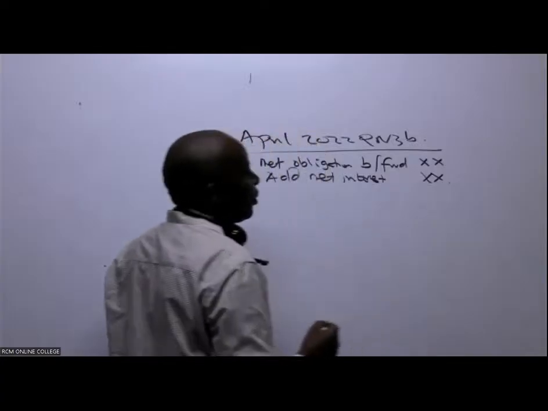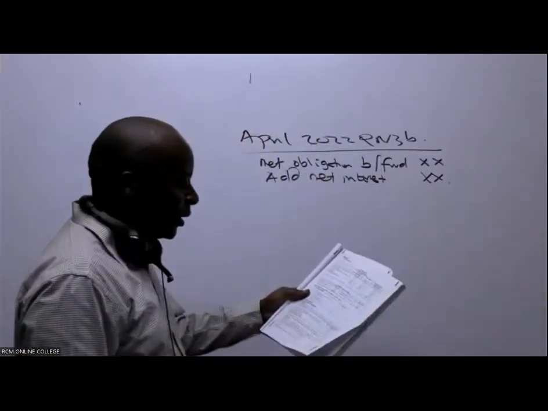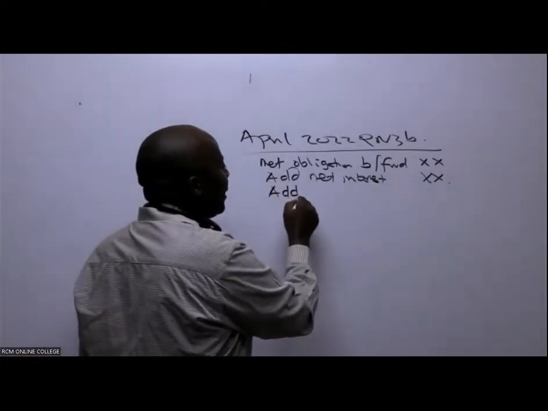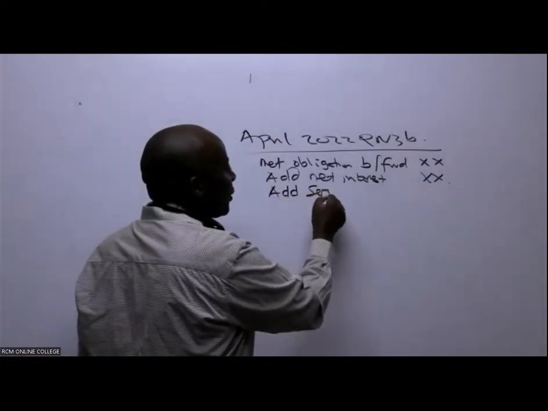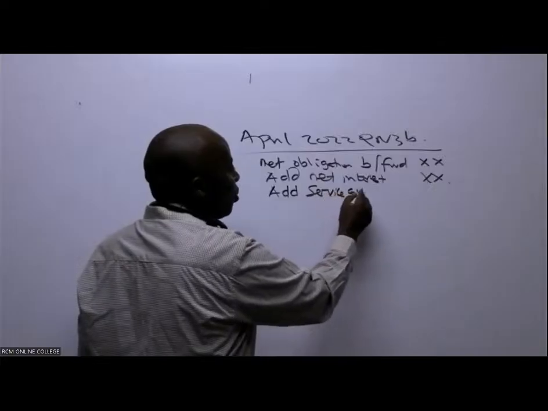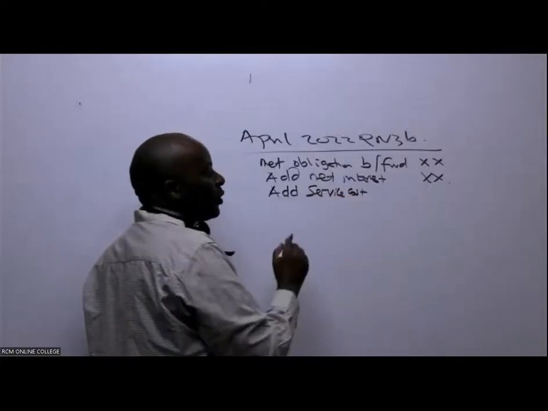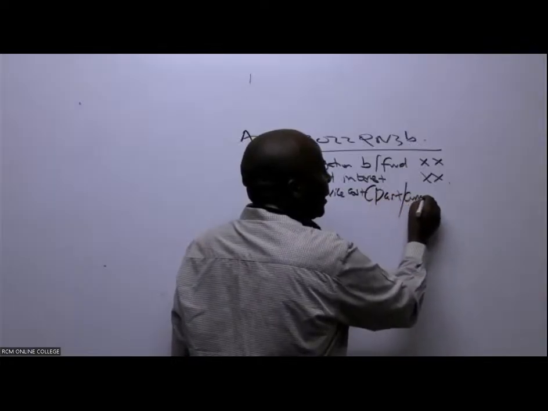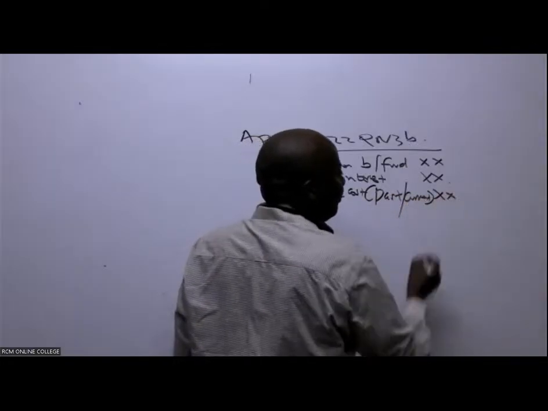And then, ladies and gentlemen, remember, you must add any service cost. Service cost will always be added. When we talk of service cost, we are looking at the current service cost. You add.